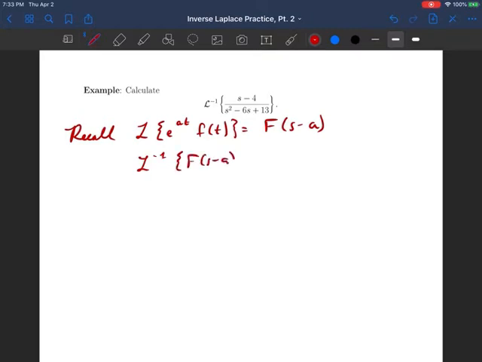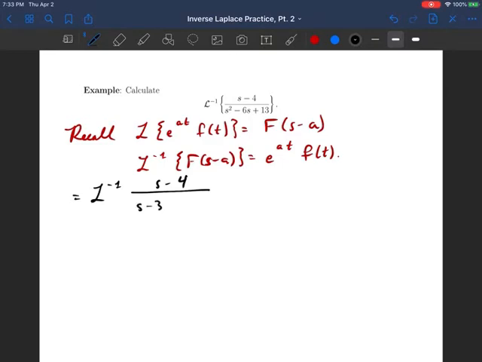But that means conversely that the inverse Laplace transform of F of s minus a is equal to e to the at times f of t. So basically we can shift the Laplace transform, the s function, at the cost of multiplying the eventual result by e to the at.